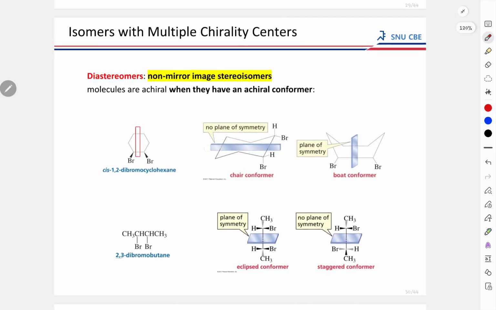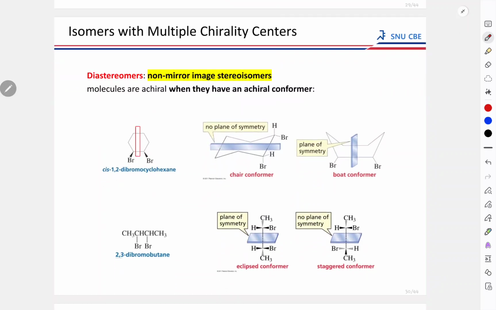You can think about eclipsed versus staggered. The staggered one doesn't have the plane of symmetry, but if you think about the eclipsed conformer, at least one conformer has the plane of symmetry, right? Then you can treat this molecule or this configuration as meso. Okay? So a molecule becomes achiral when it has at least one achiral conformer. Okay?